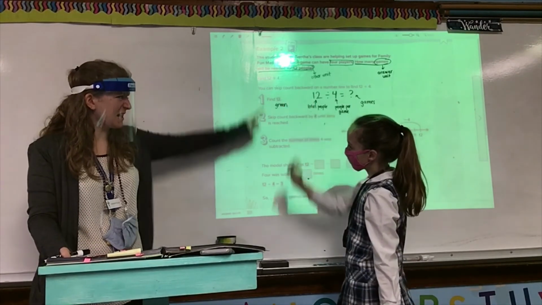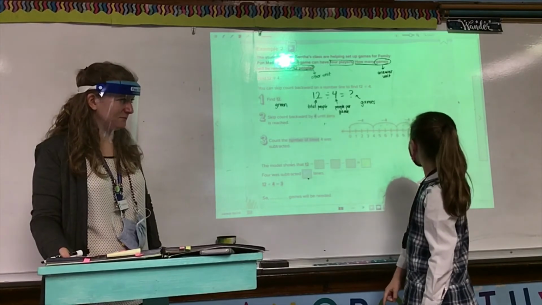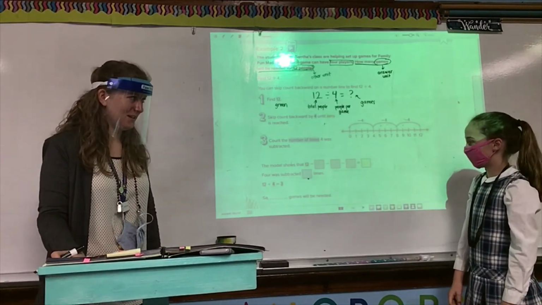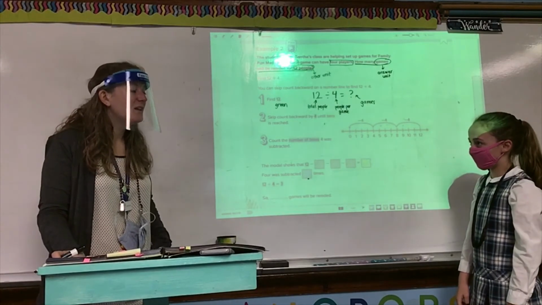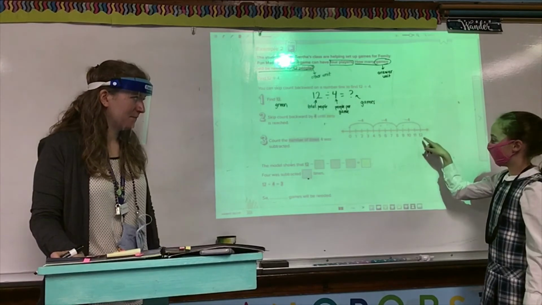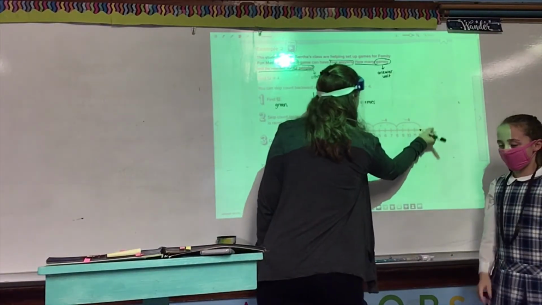Does that help us? Where are we trying to find 12? What are we using? A number line. So where are we finding 12? On a number line. Okay. Good. So we found 12. Thank you.